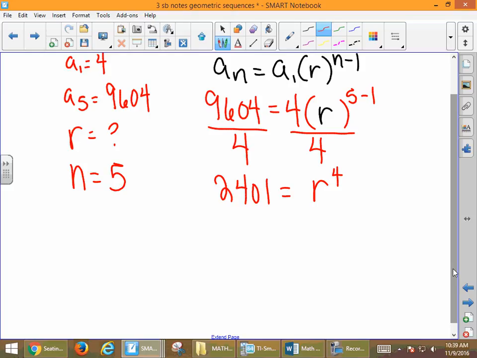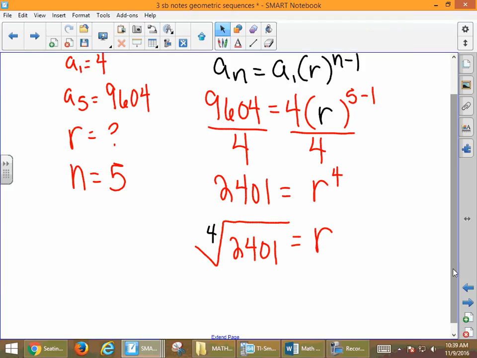Well, if we square something, our inverse operation is to square root. So if we raise something to the 4th power, what we have to do to solve this is take the 4th root. And what you need to know is, where is that button on your calculator?